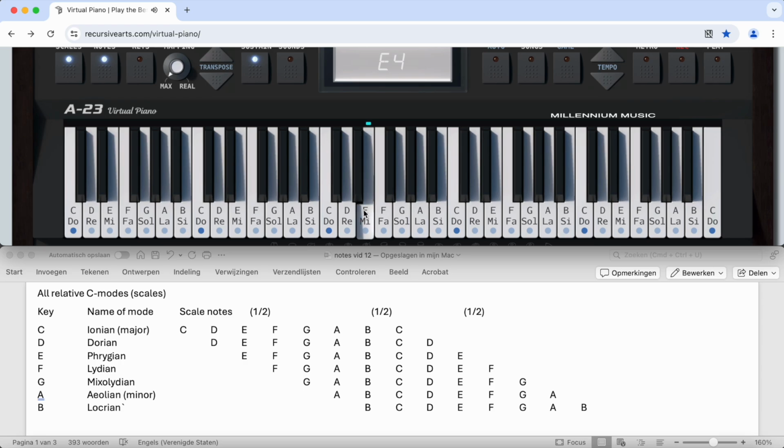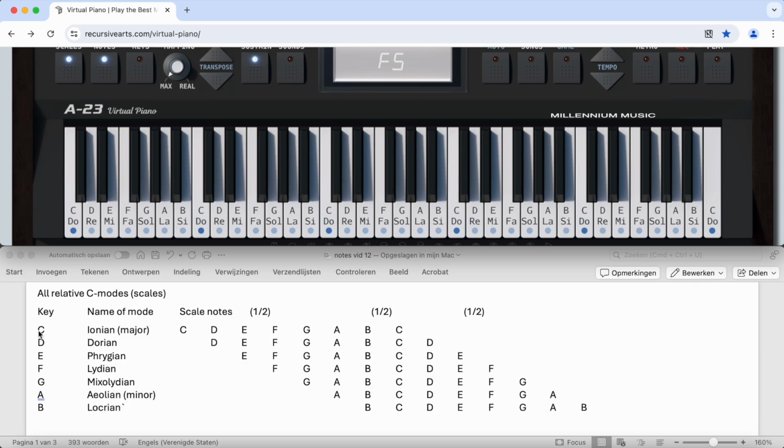We have the feeling that your song goes towards this E. Lydian. F Lydian. It sounds very open, isn't it? Then you have G Mixolydian, and you still have B Locrian.